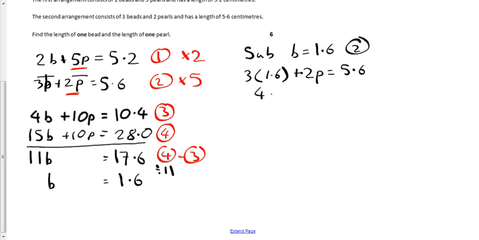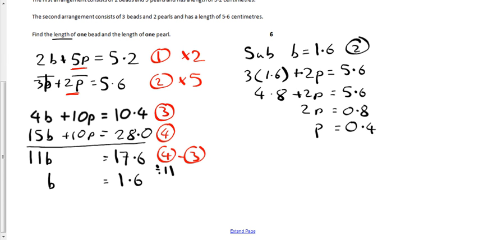Let's see, so that would give me 4.8 plus 2p equals 5.6. Subtracting 4.8 from each side would give me 0.8. So dividing by 2 gives me that.